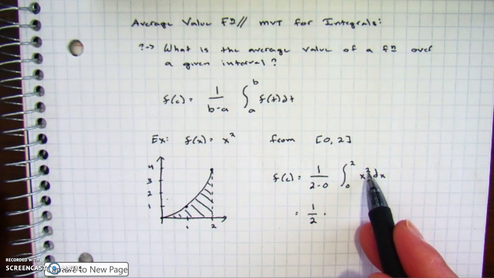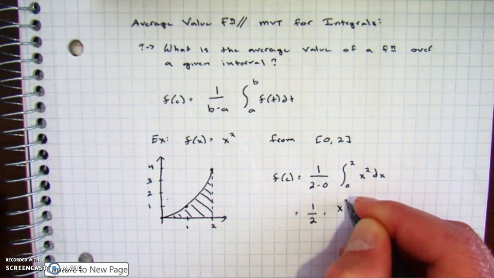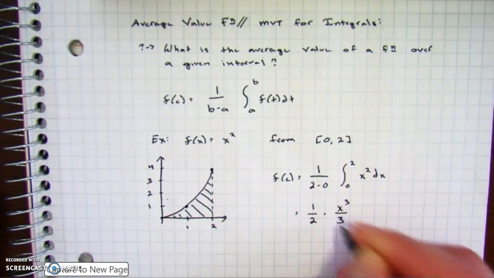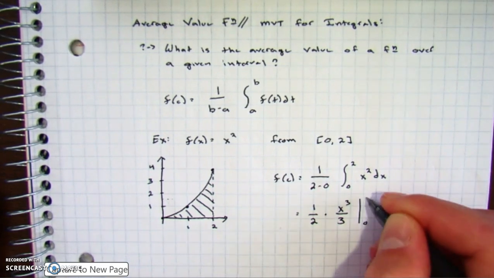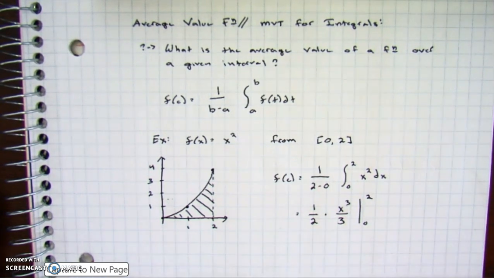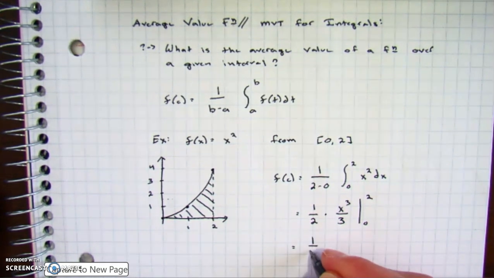Remember, we take the exponent, add 1, and then divide by that new number. So this is going to be x cubed over 3, from 0 to 2.